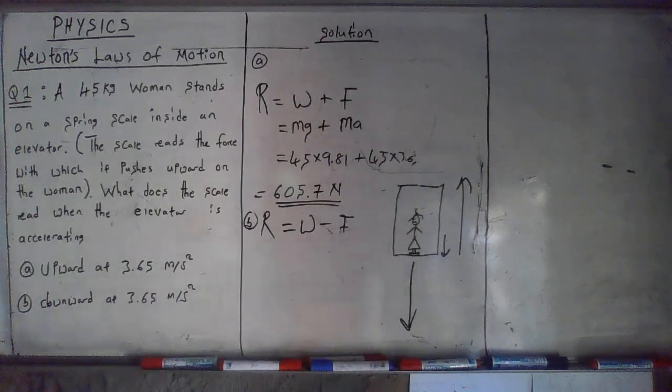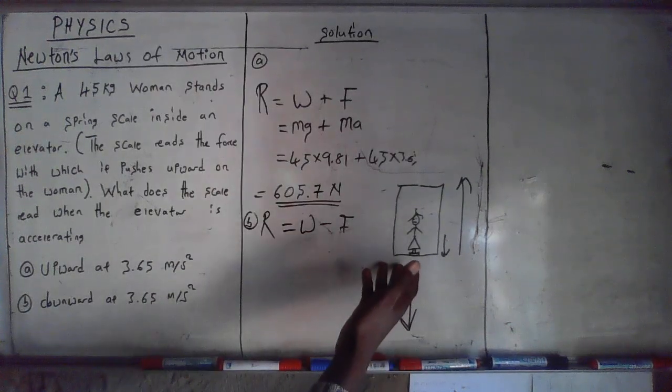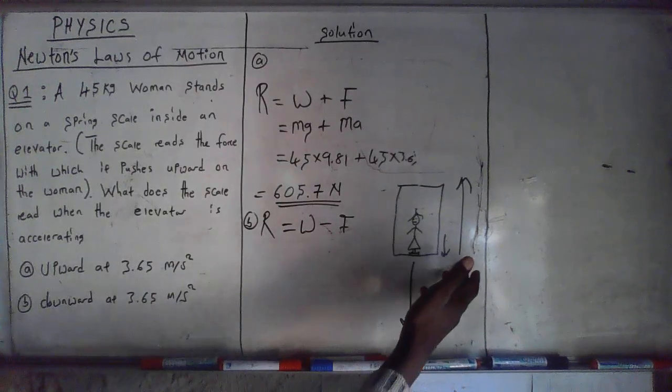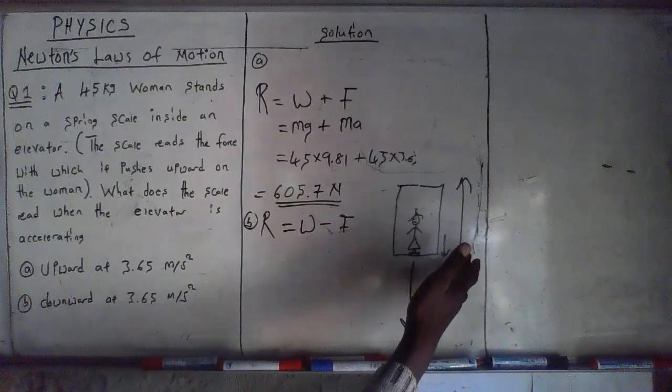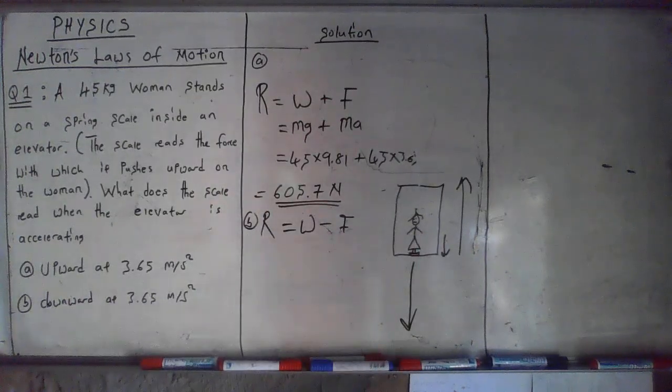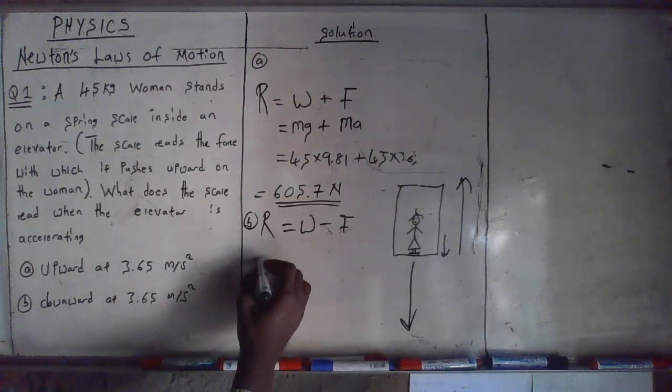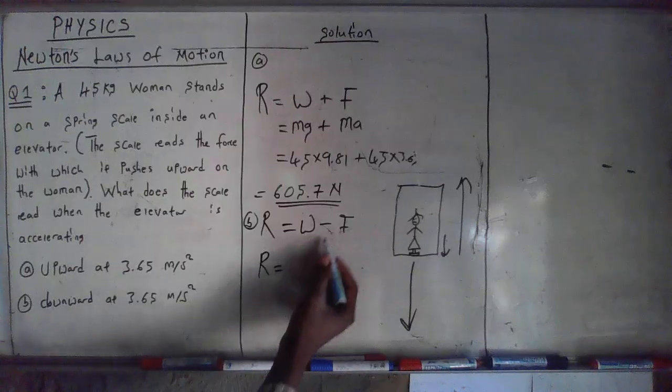This force is kind of trying to lift the woman off that scale, and when it is larger than the weight, this woman can kind of fly. So that's the thing. Okay, so our reading will therefore be equal to, what is our weight?